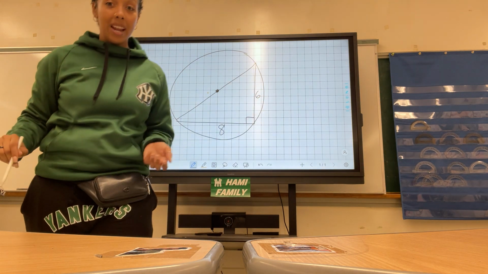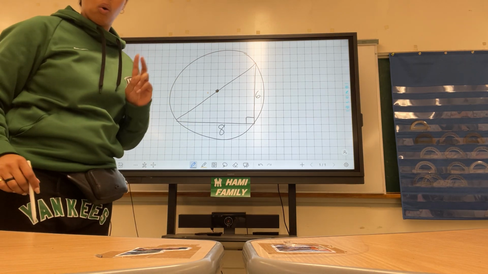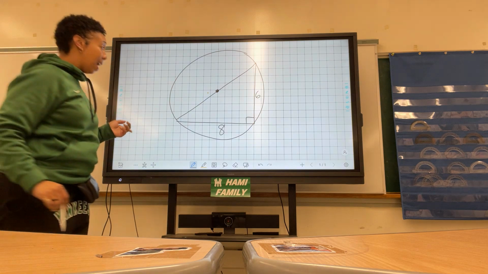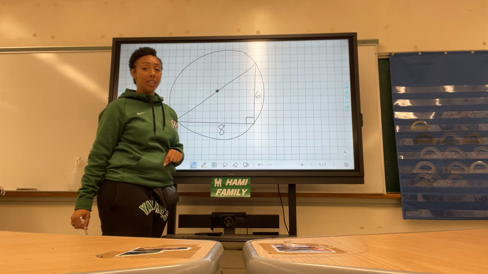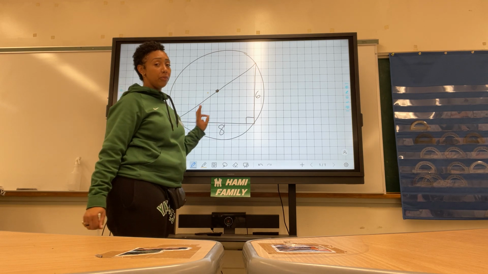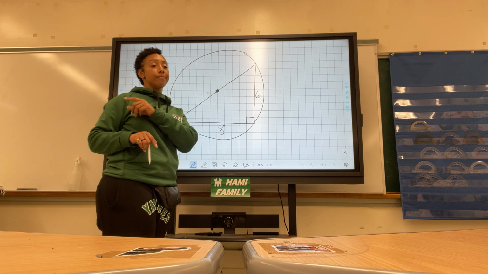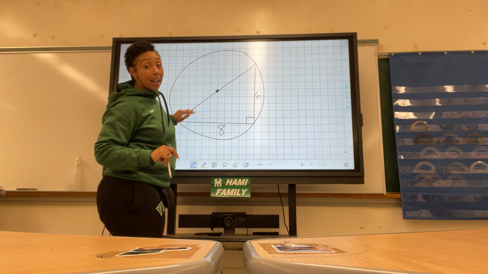All right, so now I have this circle, but I don't have the radius or the diameter. What I do have is this right triangle with two sides that I can use to figure out a missing side. Because we know that with right triangles, if we have two sides, we can use the what? Pythagorean theorem to figure out the hypotenuse.